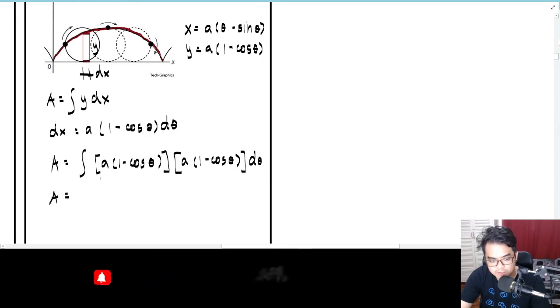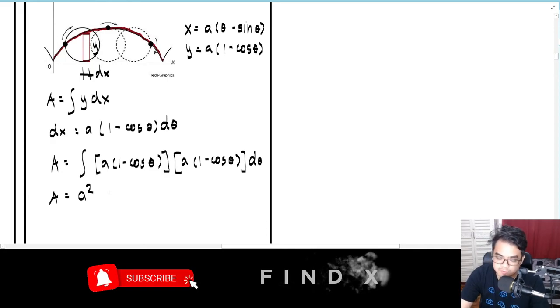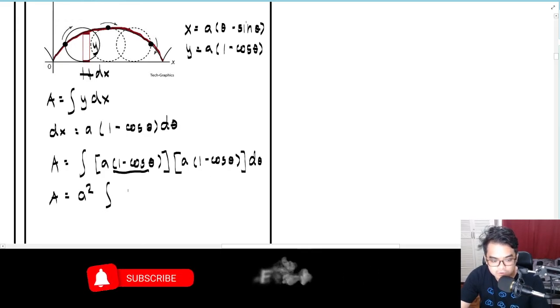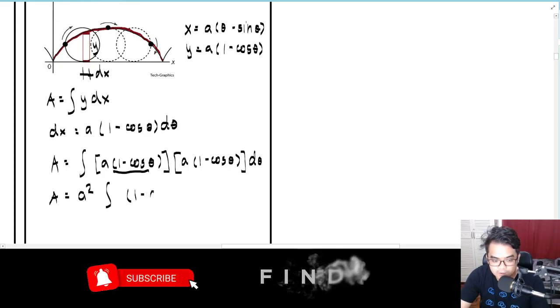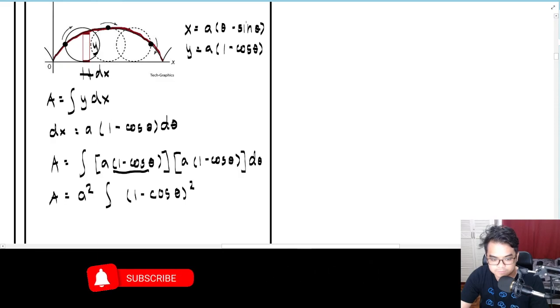And then for the area, as you can see, we have two a's, so I can just bring out those a's because that is just a constant. And then we have here 1 minus cosine theta and 1 minus cosine theta. Therefore, we'll just have here 1 minus cosine theta squared. And of course, we must have a limit.